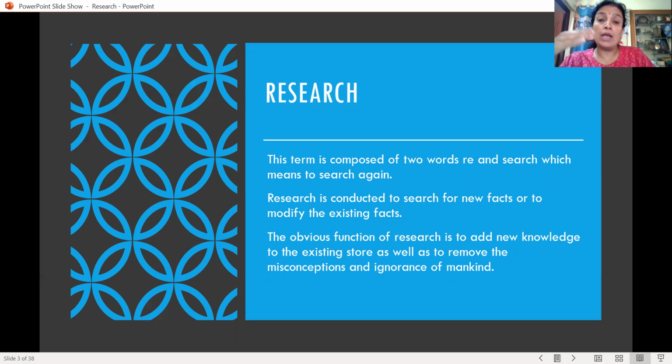Then we came to know about the existence of many suns, many stars also. And we came to know how the earth developed. So misconceptions and earlier beliefs will vanish and the ignorance of mankind will be removed because of research.